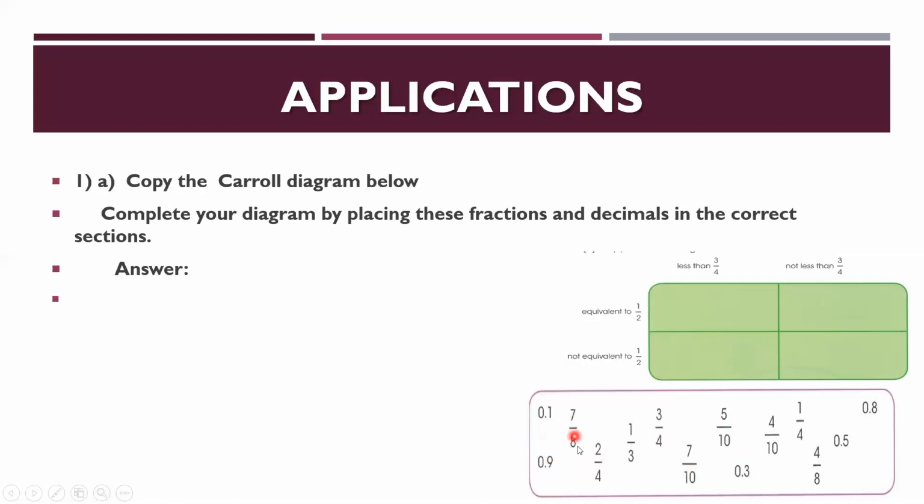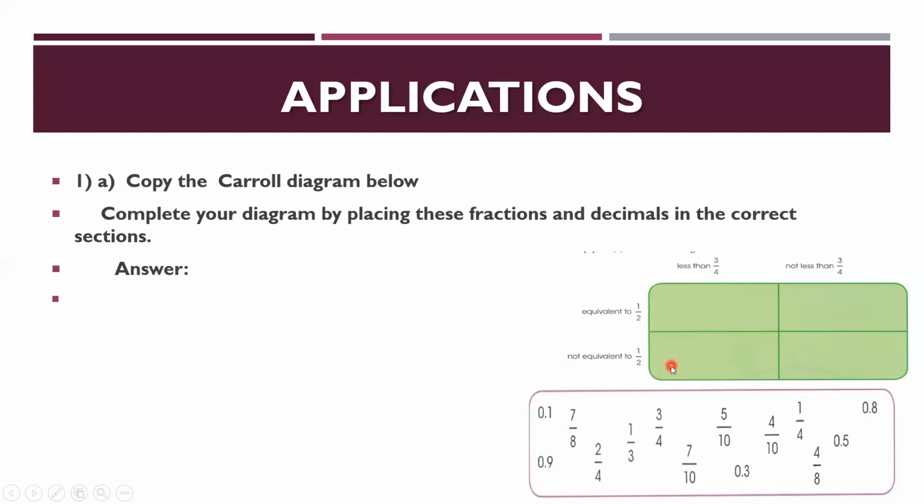If you take 7 by 8, it is greater than 3 by 4, but it is not equal to 1 by 2. 0.9 is not equal to 1 by 2, because 1 by 2 means 0.5, but 0.9 is greater. 7 by 10 is also greater than 3 by 4, but it is not equivalent to 1 by 2. So for here, no possibilities. We can't write any number which satisfies both conditions, that is equivalent to 1 by 2 as well as not less than 3 by 4. So nothing is there in this given set of decimals and fractions.